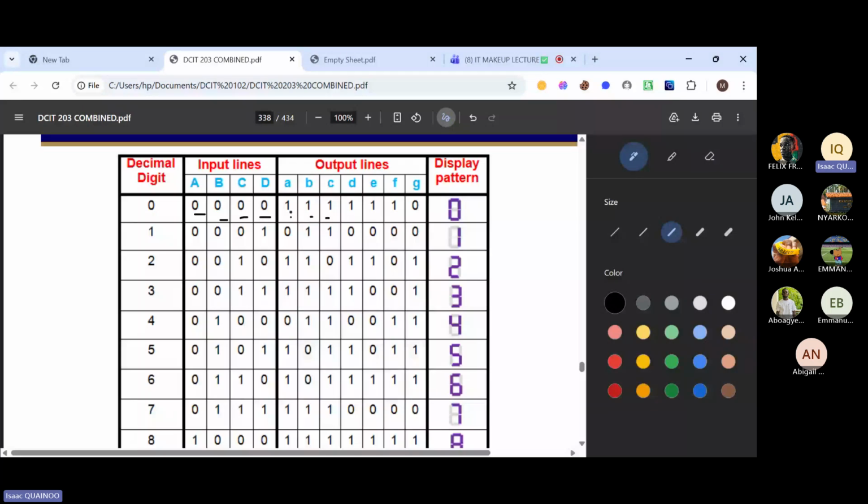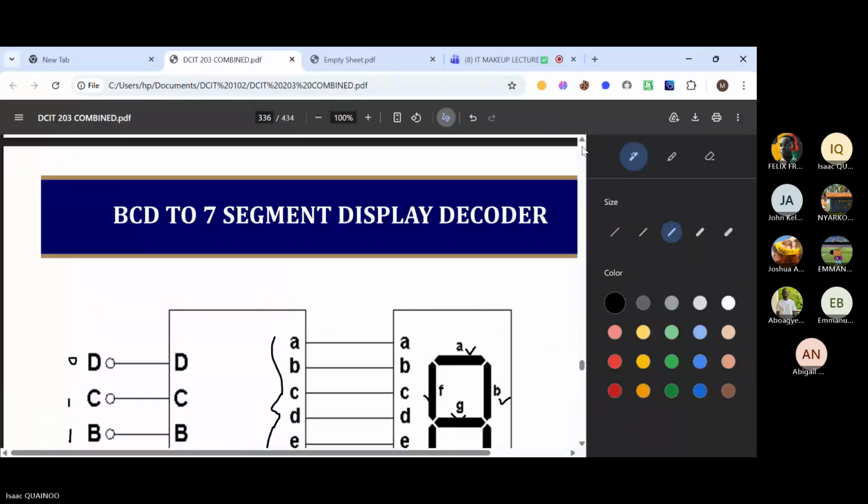So you have 1, 2, 3, 4, 5, 6, 7. Okay. So please, let's look at this carefully. If our input is 0, 0, 0, 0, that corresponds to 0. So let's put that here.